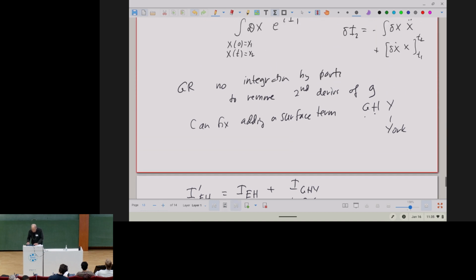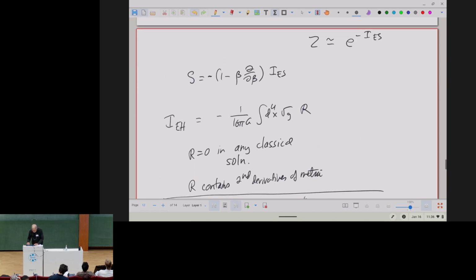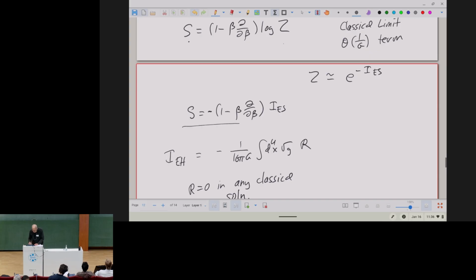And we should use that term in computing the action, in evaluating the entropy from that formula. And if you do, by an elementary, although slightly tricky calculation explained by Gibbons and Hawking and also in section 6 point something of my lecture notes, you'll find that you get A over 4G at the end. So that's a very important calculation that you should all make sure you're familiar with.